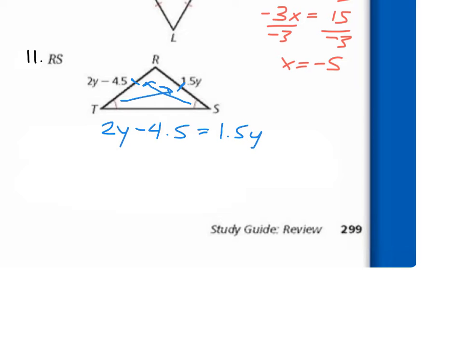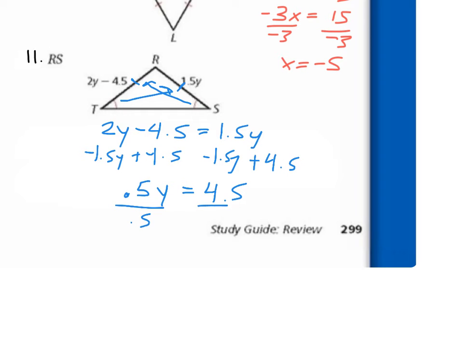And now we solve for y. So we can add 4.5 to both sides and subtract 1.5y. So we get 0.5y is equal to 4.5. We divide by 0.5, and what do we get for y? 9.